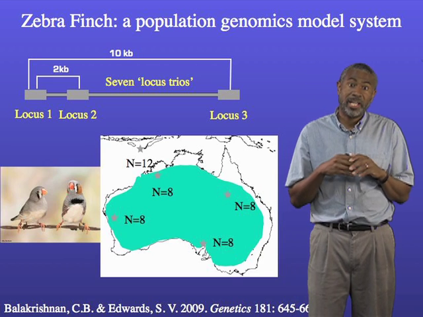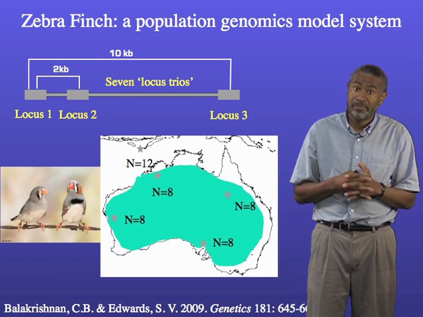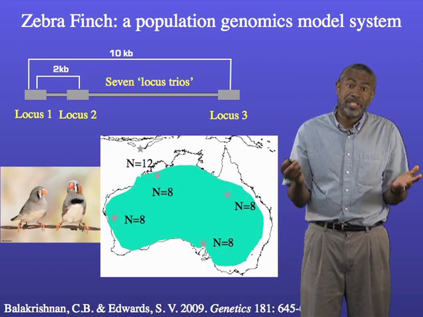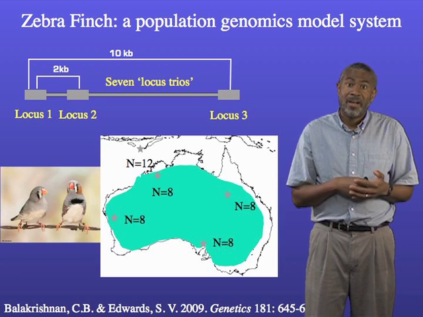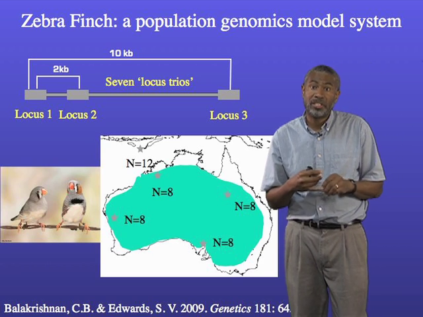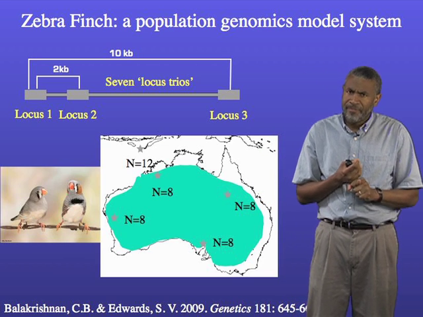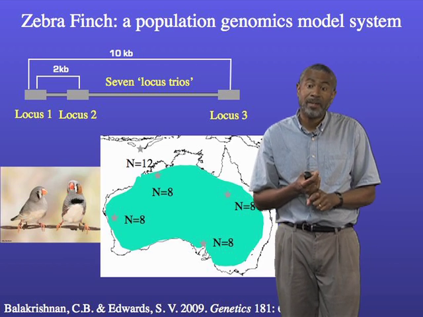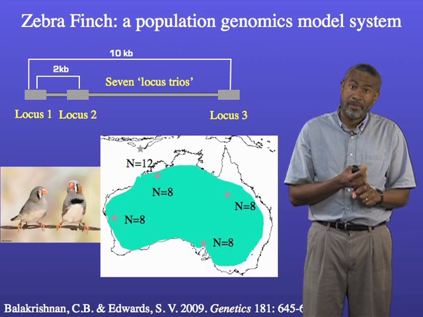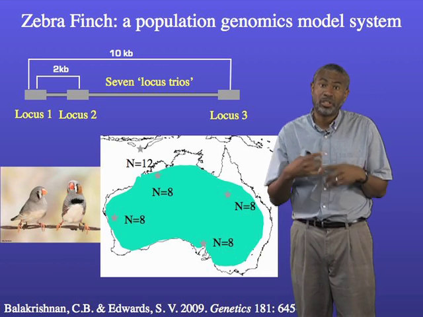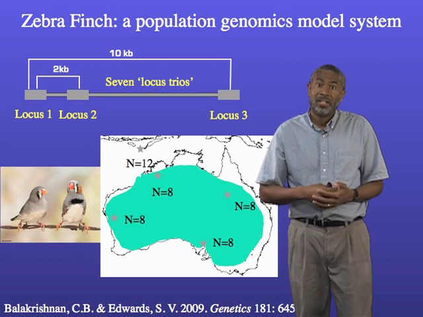So we're going to study a species called the Zebra Finch. Very widespread and abundant species. Also a very important species for two reasons. One, it turns out that zebra finches are a very important model for studying what we call vocal learning, the ability of animals to learn how to speak.